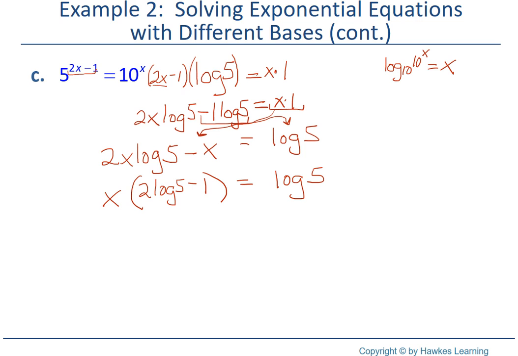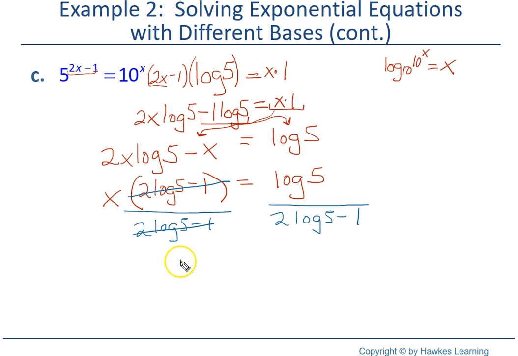So I'll change colors here. I'm going to divide now both sides by this, 2 log of 5 minus 1. So now these cancel out, and I get x equals this.